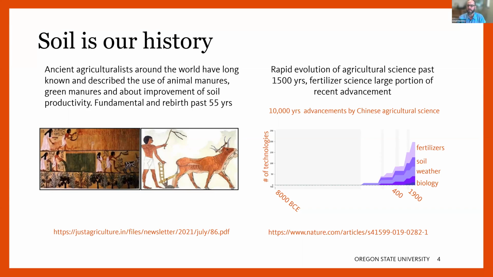And that's what that figure shows on the left, this huge time scale from 8,000 BCE to the beginning of the 20th century, and the different widths of the chart show the emphasis of advancements. Again, this was Chinese agriculture, but I found parallels definitely in Western agriculture as well. So the top one is fertilizer and the increase of technologies.